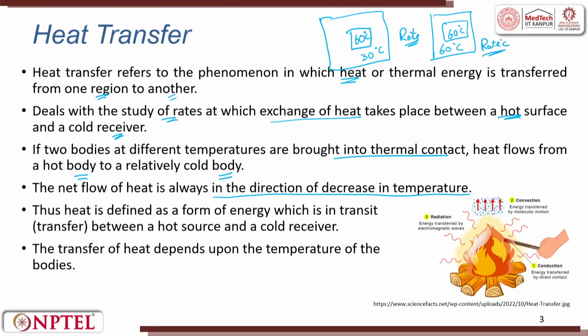Thus, heat is defined as a form of energy which is in transit between a hot source and a cold receiver. Can we do it the other way, from cold to hot? Yes, you can, but hot to cold happens naturally. If you want to do the inverse, you have to apply energy.